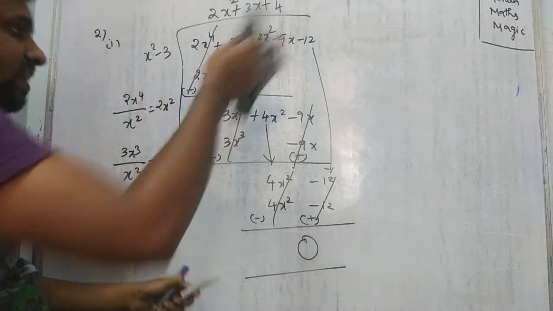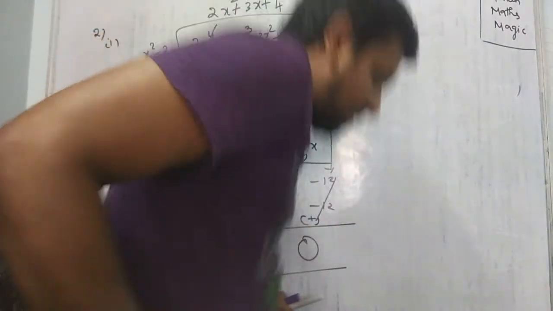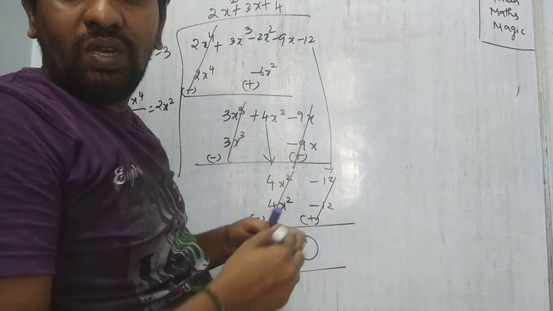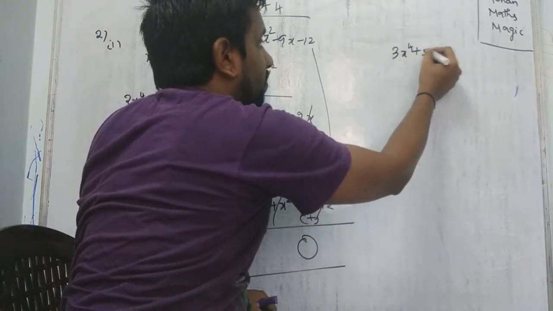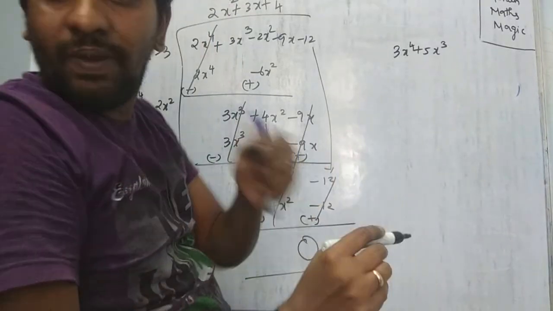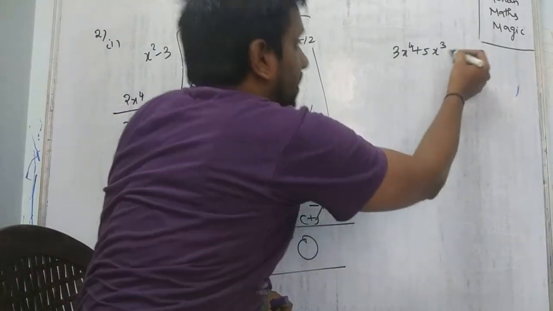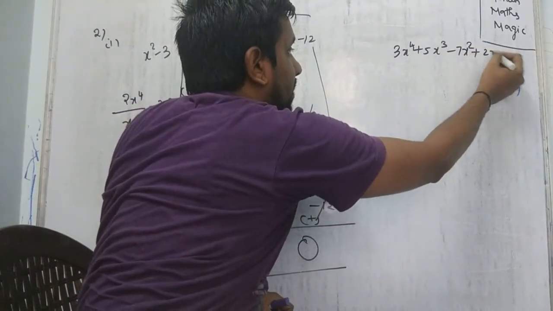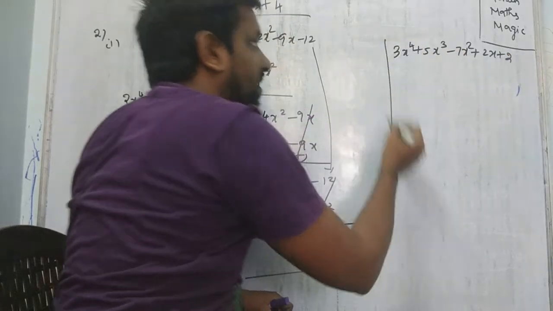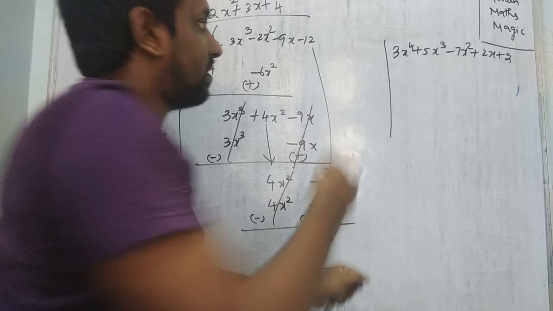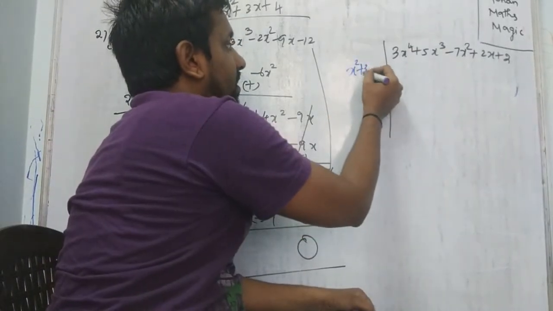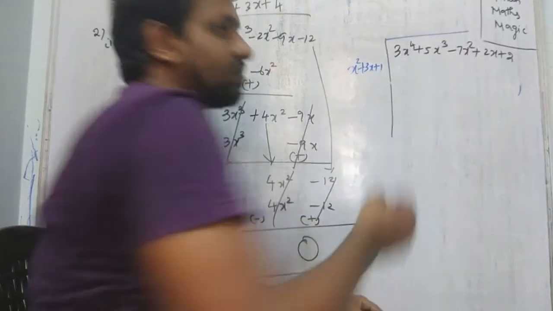Second Roman second sum. 3x power 4 plus 5x cube minus 7x square plus 2x plus 2, divided by x square plus 3x plus 1.